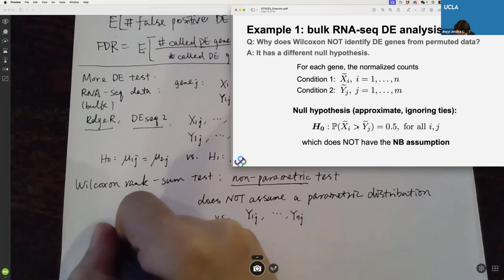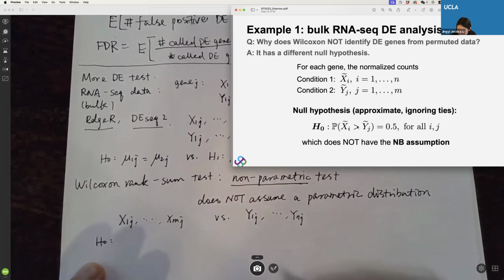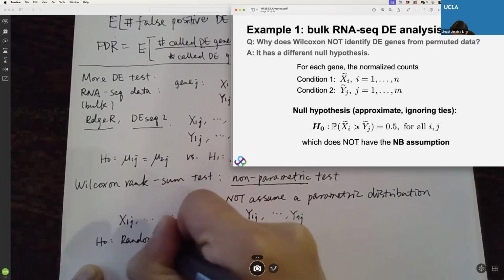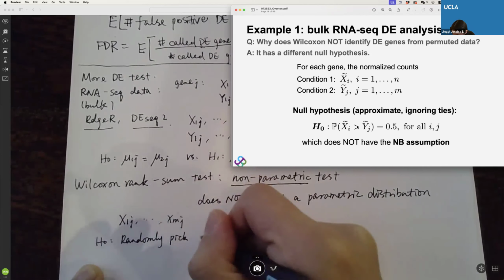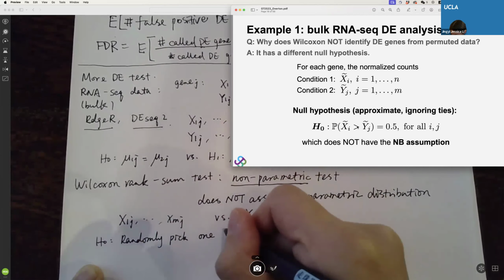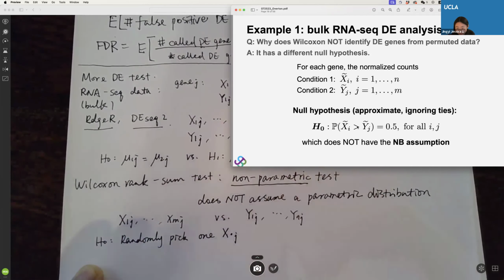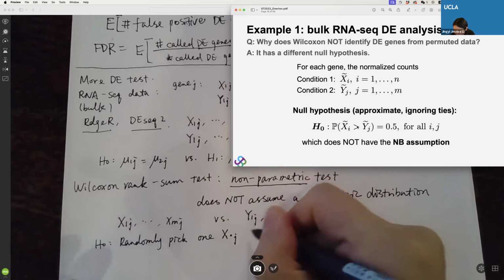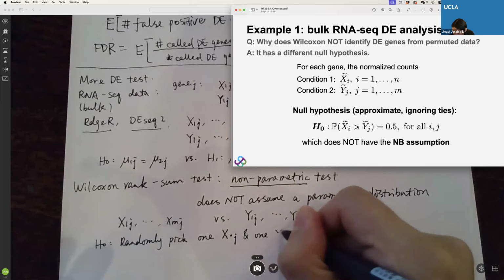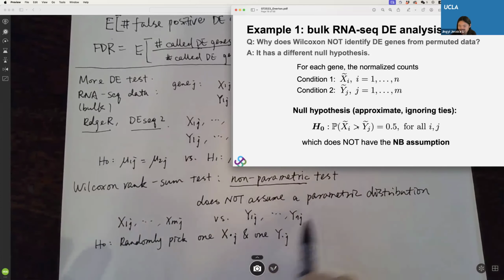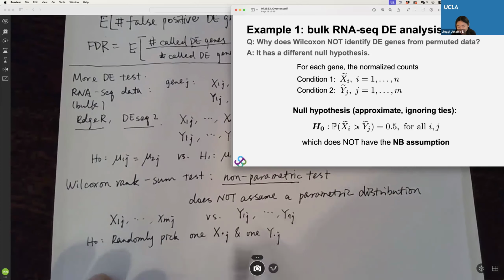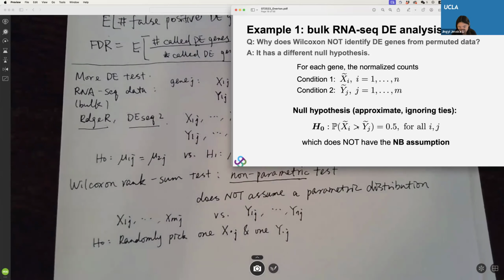The null hypothesis is that if we randomly pick one x something j, I don't know what it is, I just randomly pick one out of the m, and one y something j from the second cohort, one value out of the n values, then which one is bigger is equally likely.